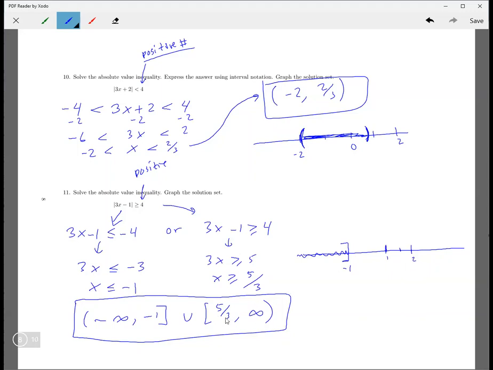So 5/3 is 1 and 2/3. So basically you want to go from here to here. You want to look at where 2/3 is, and it's about right there. So put it right there, and then fill that in. Okay, great. Are there any questions about anything?